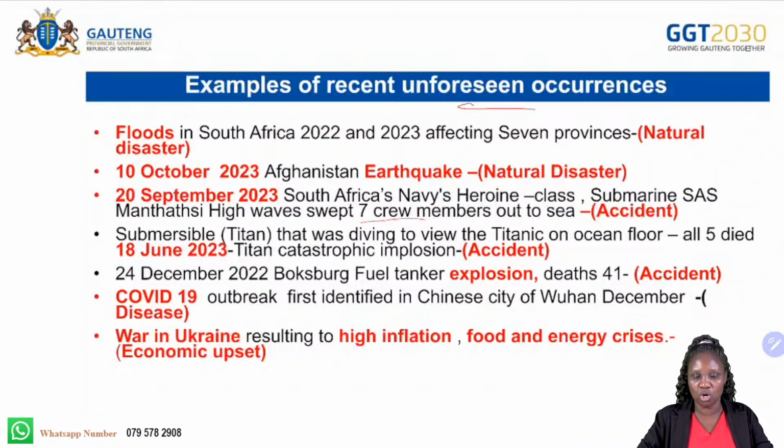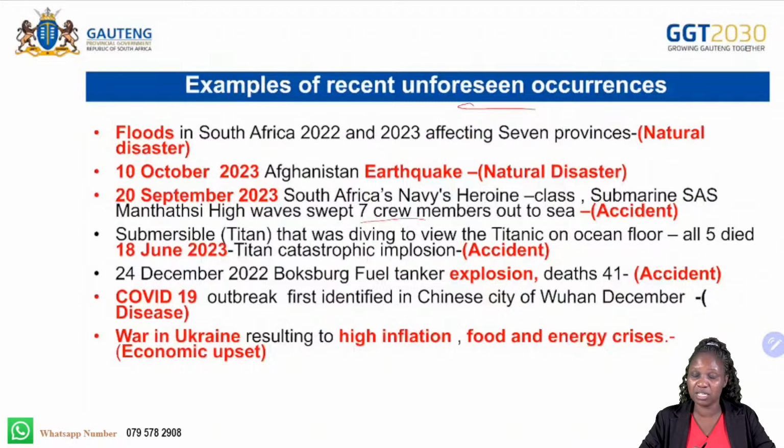All right. We've talked about the examples of recent unforeseen occurrences. We talked about the floods in South Africa 2022-2023 affecting all 7 provinces. This is a natural disaster because it happens naturally. And then 10 October 2023, Afghanistan earthquake, it's also a natural disaster beyond our control.